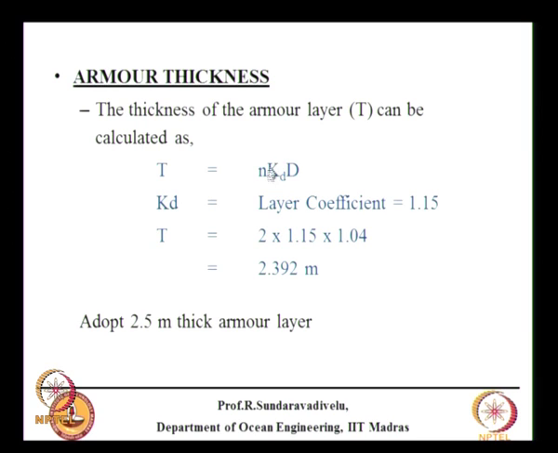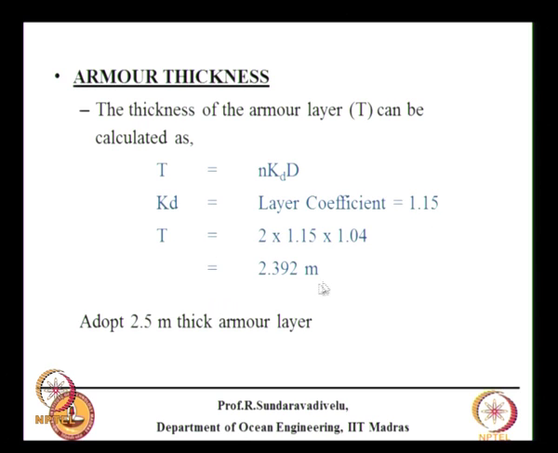So to take care of that, we have a layer coefficient which is called Kd. This also changes depending on the type of armour unit you are using. This will be available in some textbooks, or in the shore protection manual. I will give this layer coefficient and stability coefficient in a table form towards the end of this lecture.